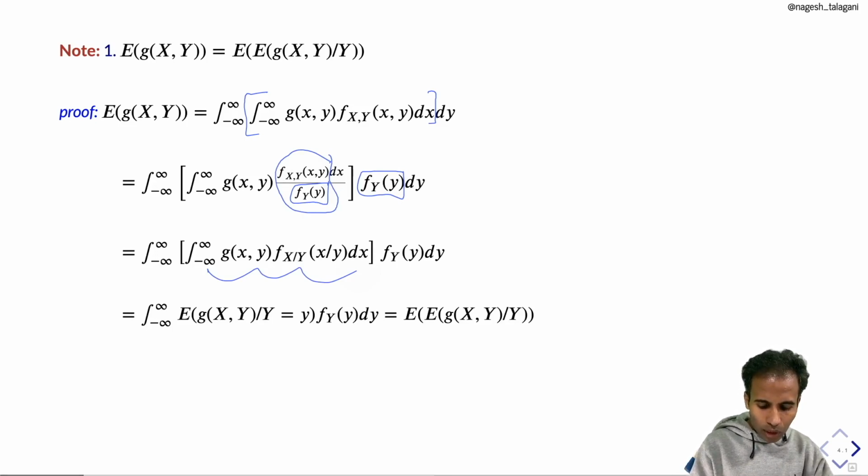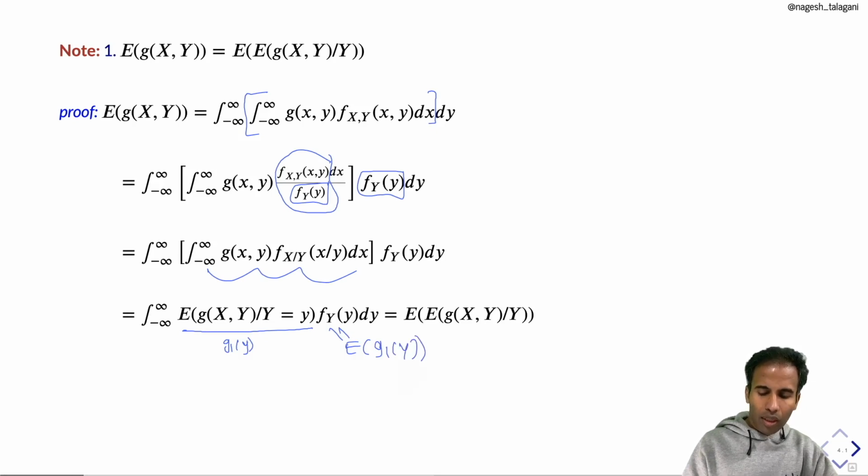So now we have the integral of this conditional expectation of g of xy given Y equal to y, times f_Y of y dy. We know that this conditional expectation depends on the given value of y, right? So this can be seen as some function of y, like g1 of y. Now this looks like the integral of g1(y) f_Y(y) dy, which looks like the expectation of g1(y).